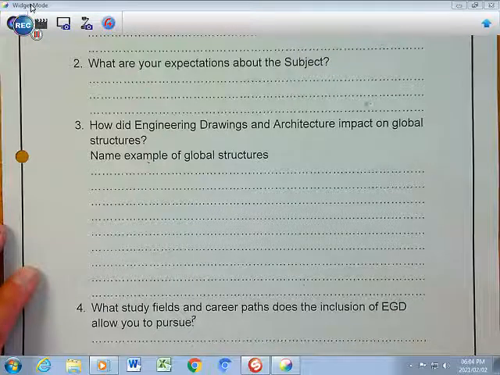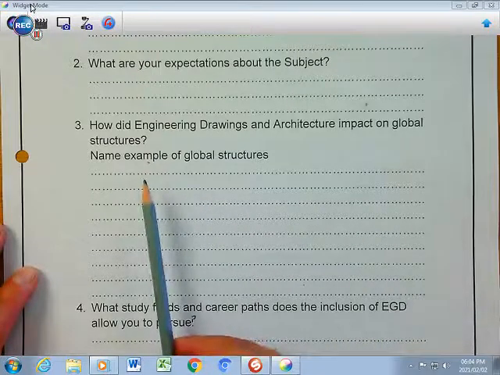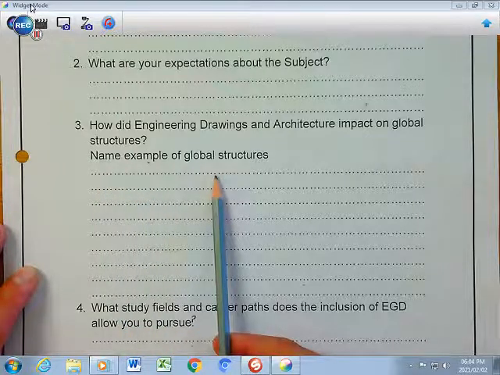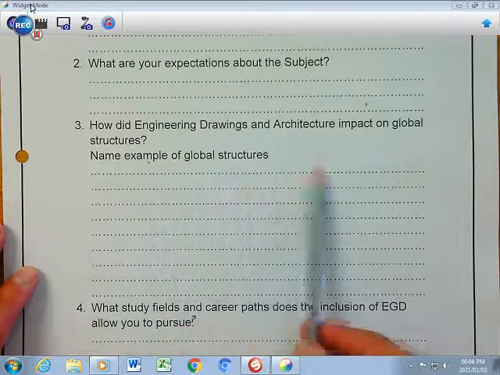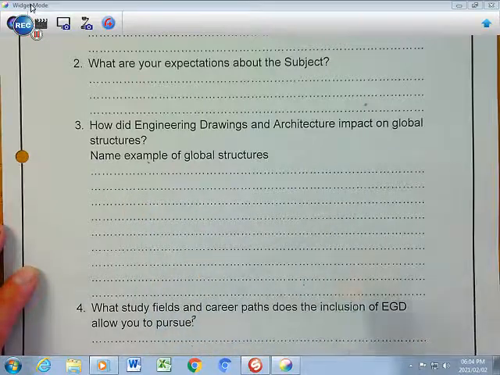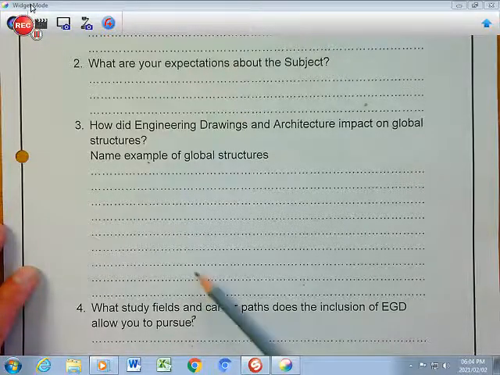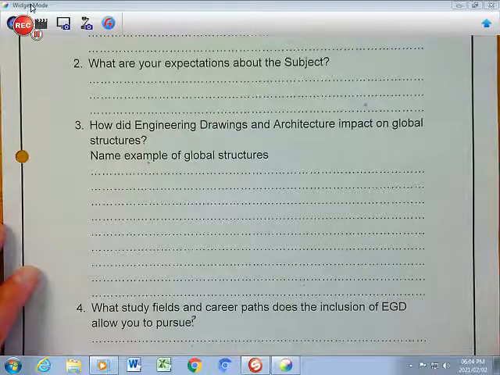The castle is a pentagonal shaped building, a big phenomenon here in Cape Town, so you can put down the castle. So you are going to list a few all over the world which you think are global structures which derive from drawings, and preferably the city as well.